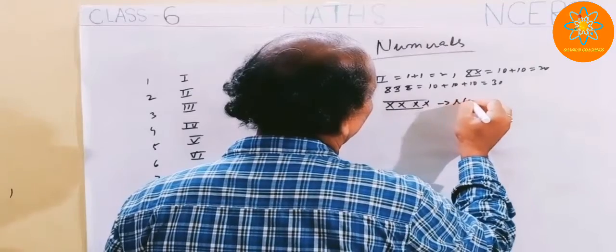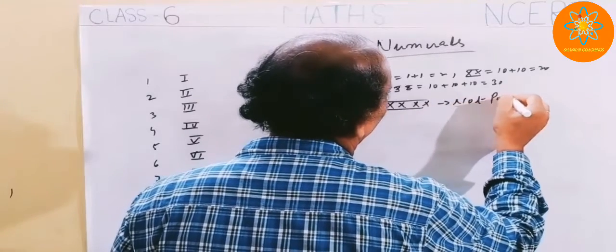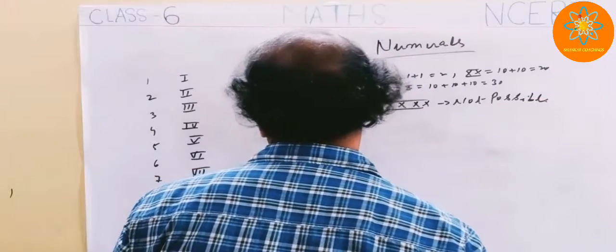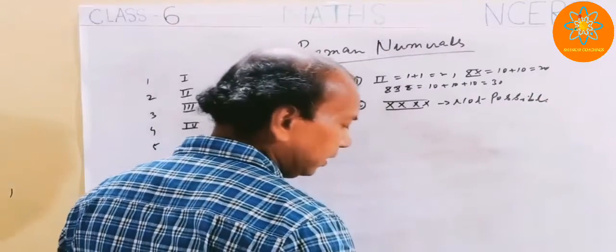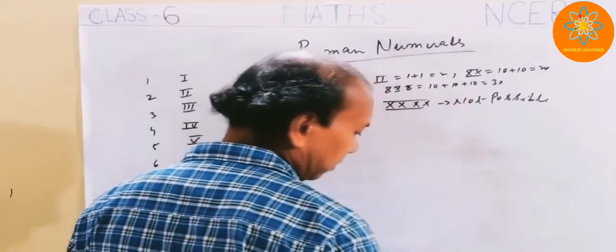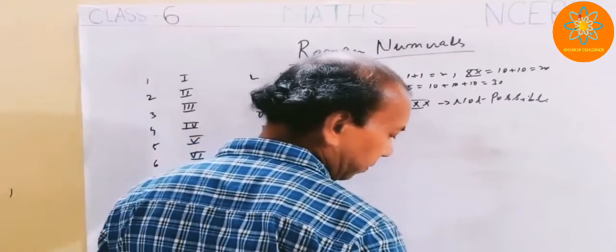And the third rule is that V, L, and D are never repeated.